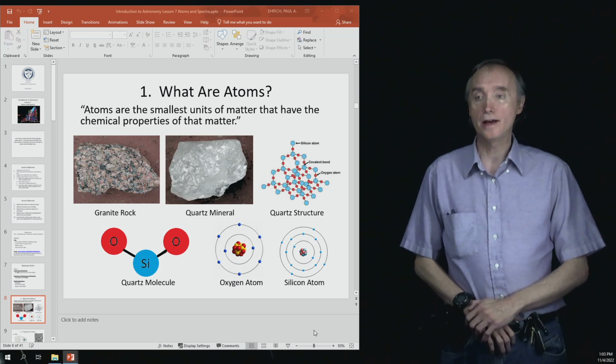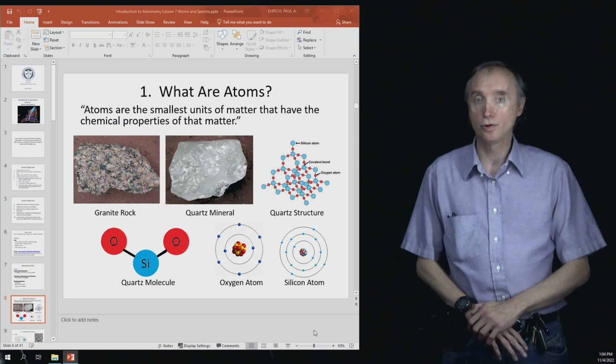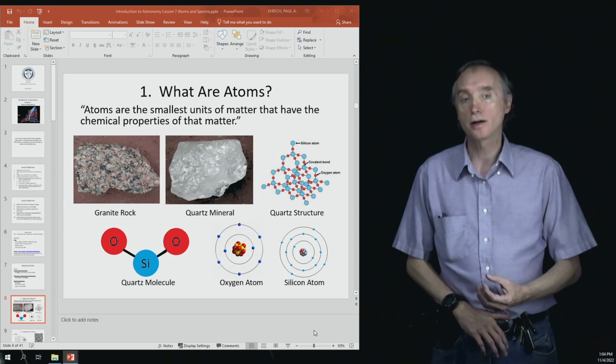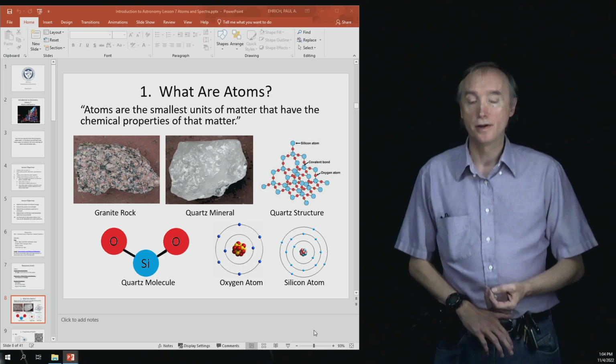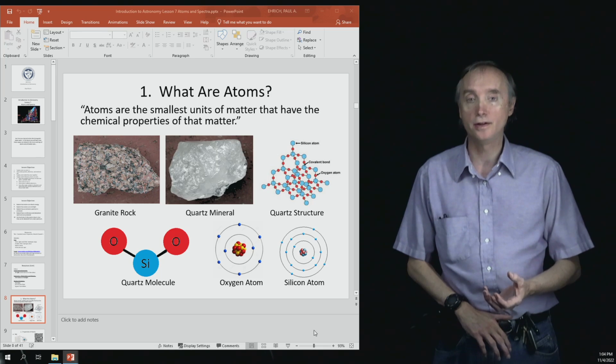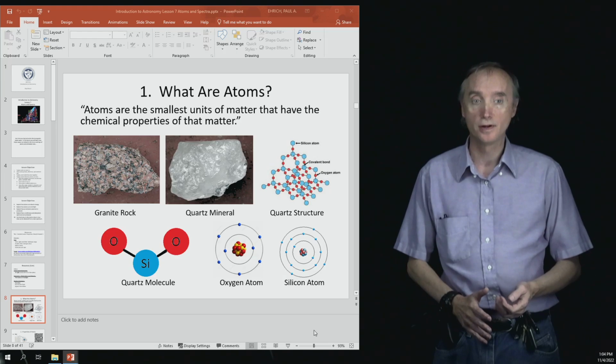What an atom is, is the smallest unit of matter that has the chemical properties of that matter. For example, you could have a block of silicon, and it's going to be a silverish metal, and it also has a certain hardness.